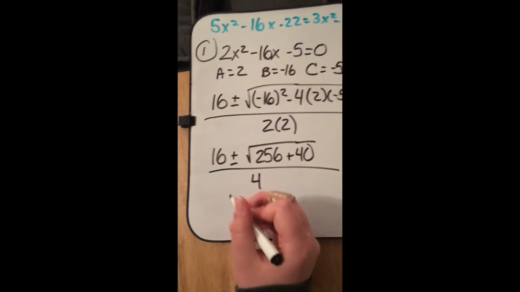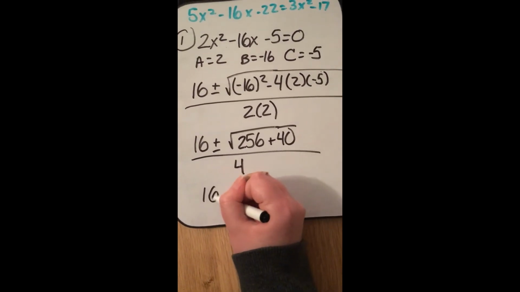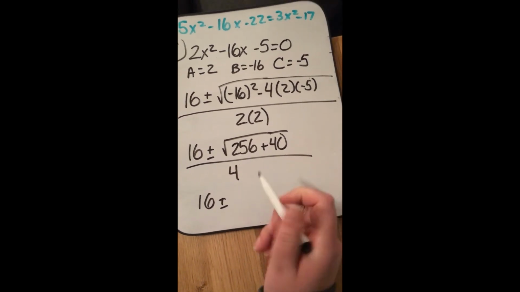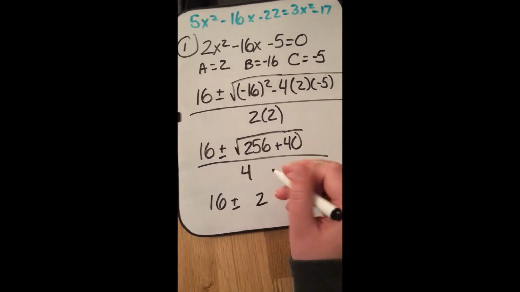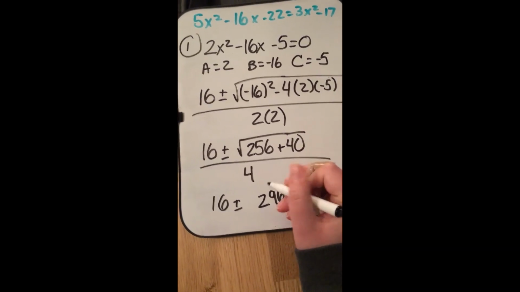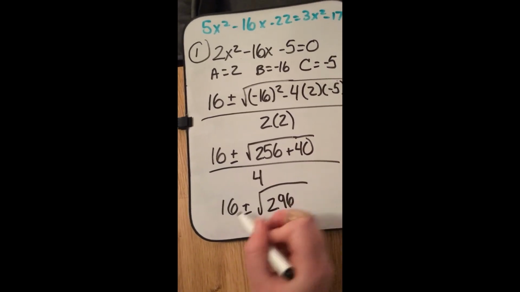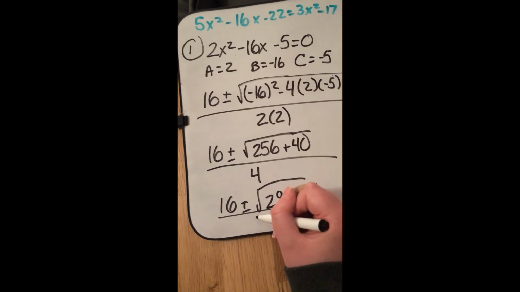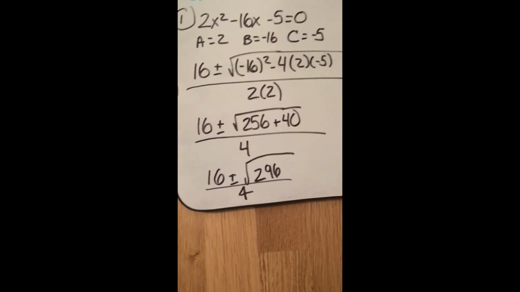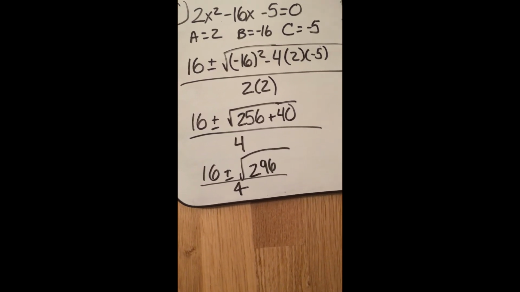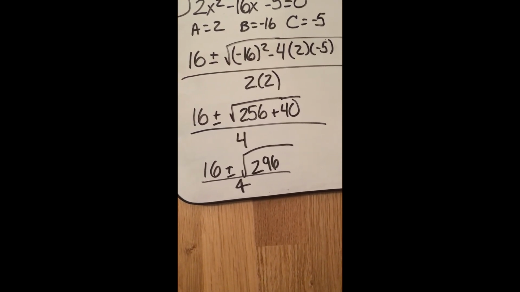Let's simplify this once more. 16 plus or minus the square root of 256 plus 40, which is 296, divided by 4. This is as simplified as we can go, so then we split it up.